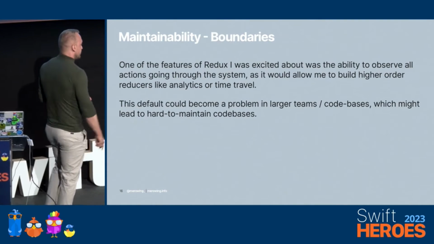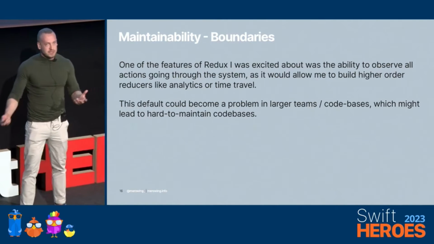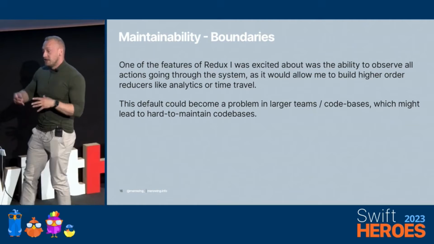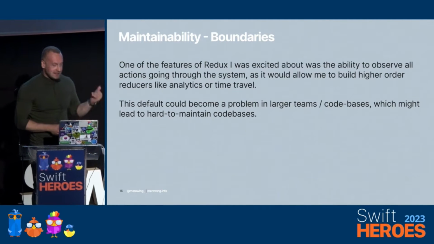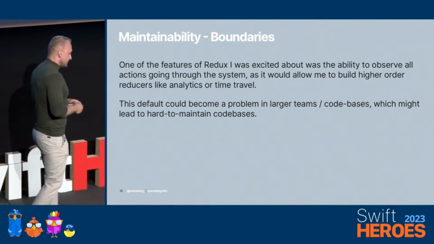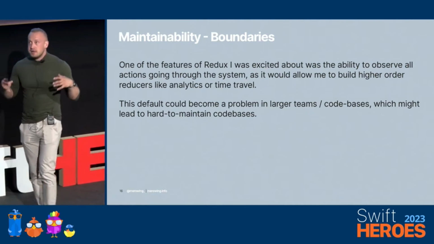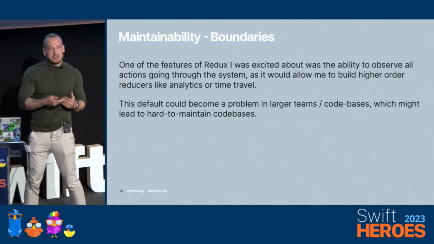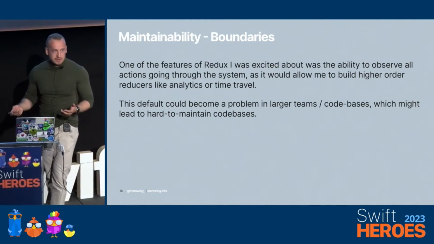When we talk about maintainability, tests are one thing, but the other thing is boundaries across features. So TCA does support composition, right? As Shai showed, it's pretty easy to embed things. The problem is, it's not the framework, it's part of the framework, but it's also the fact that we use actions which are enums, and there's no access control for enumerations.